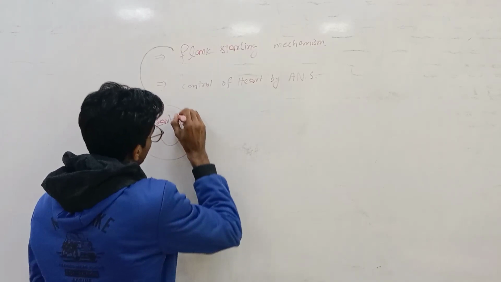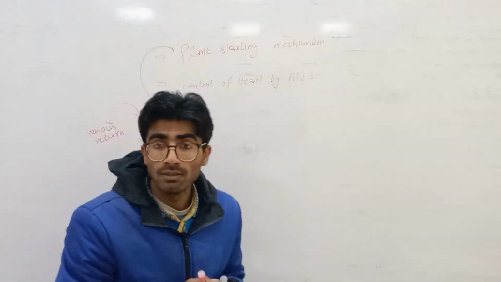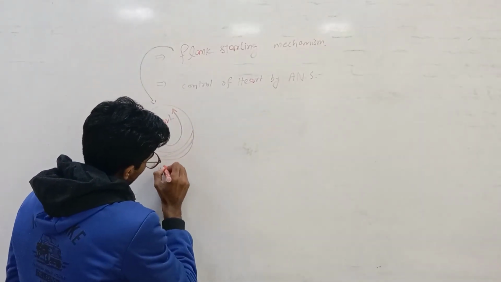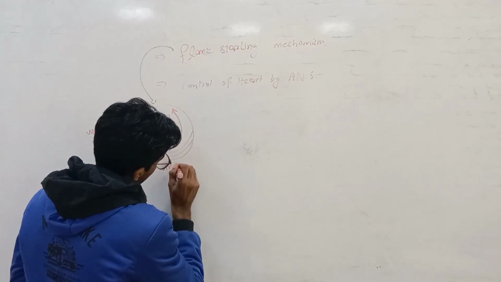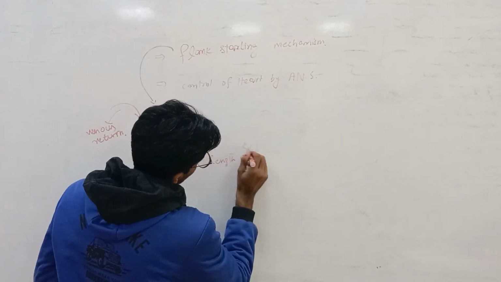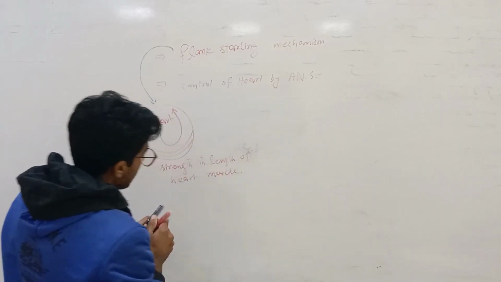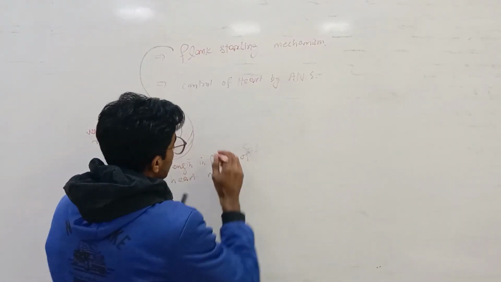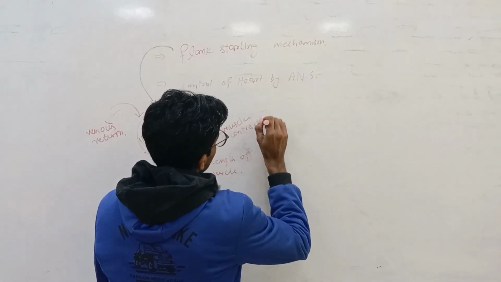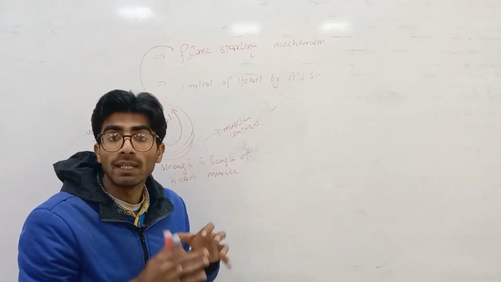After that, the heart muscles are stretched. When they are stretched, there is stretching in the length of the heart muscle. When the heart muscle is stretched in length, the muscle contracts. After the muscle contracts, pumping of the heart increases.